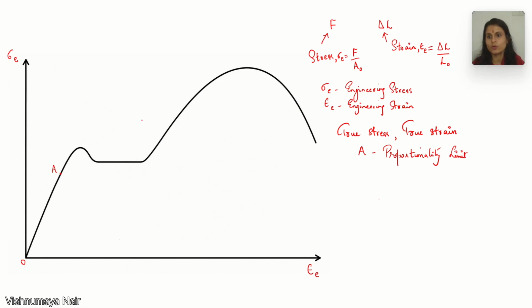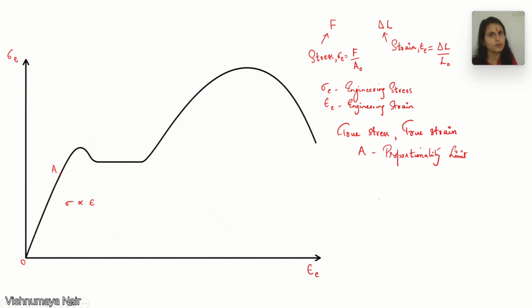So this portion OA of the curve is a straight line portion, right? Here, stress is directly proportional to strain. Within this limit, stress is directly proportional to strain, and hence A is known as the proportionality limit. So here we have stress sigma directly proportional to strain epsilon.